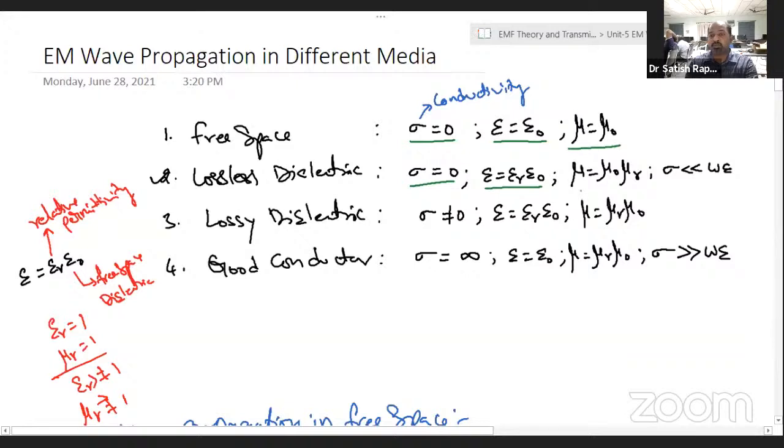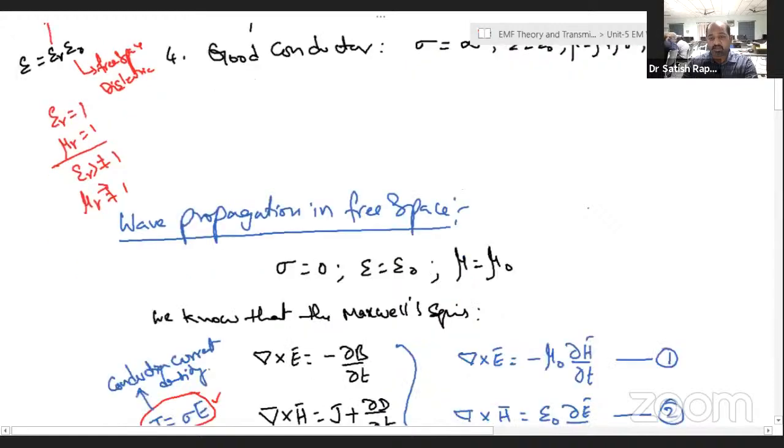Mu is equal to mu naught in free space, and mu is equal to mu naught mu r here. So the only difference is epsilon r and mu r are not equal to 1, they are greater than 1. Otherwise free space and lossless dielectric are the same.